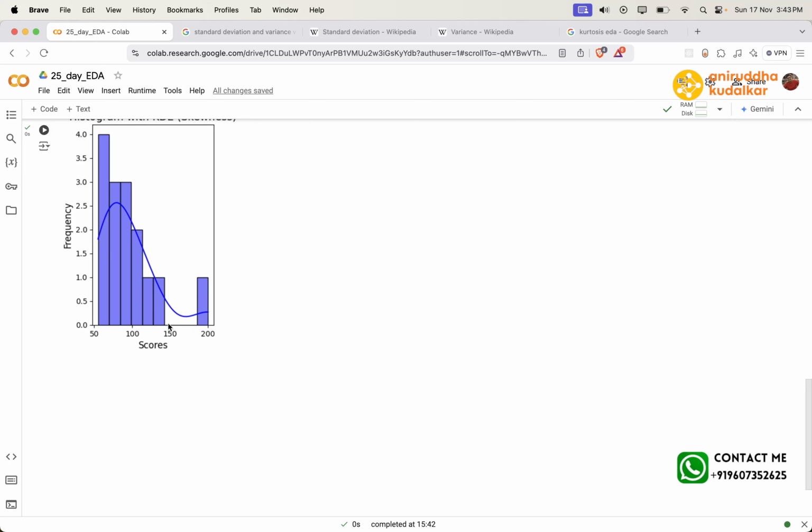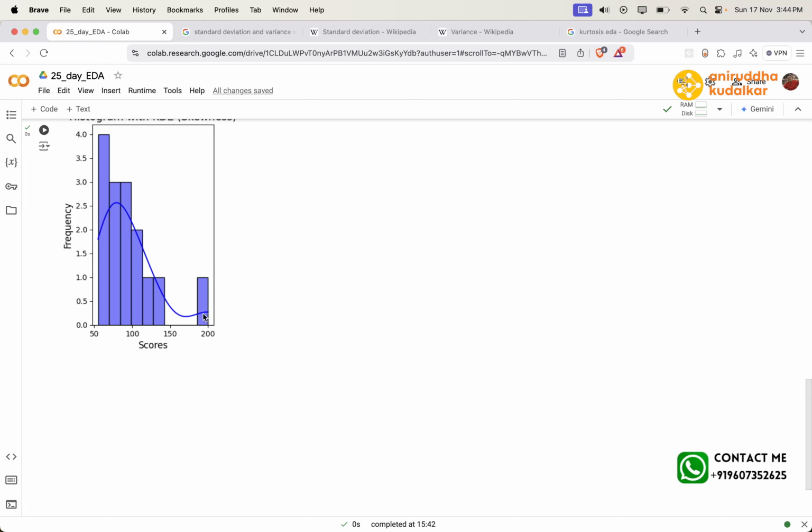The tail is long towards the right. What kind of skew is it? It is positive skew, with a long tail towards the right side. Remember, because of this 200 this is happening.